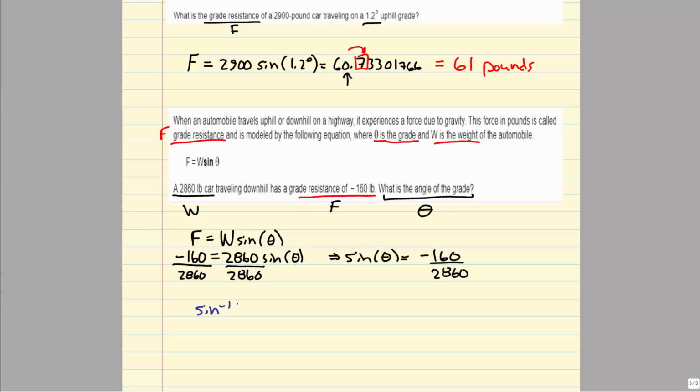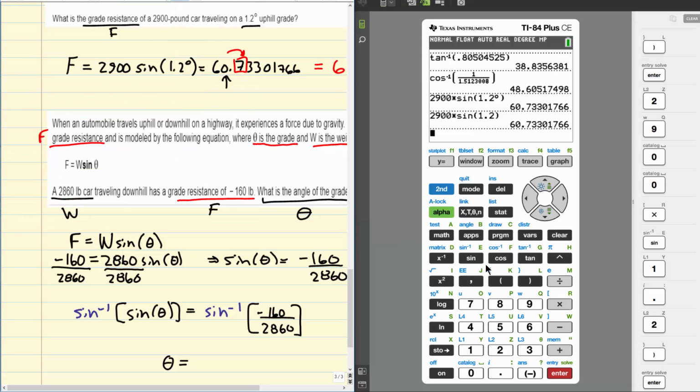And then what I would do to finish this is take the inverse sine of both sides. Now the inverse sine and the sine undo each other. They cancel each other out if you want to think about it that way. And on the right hand side then, I would put in arc sine or inverse sine.